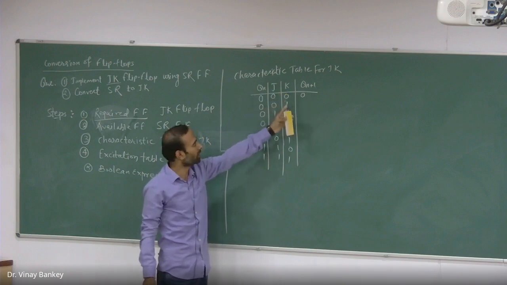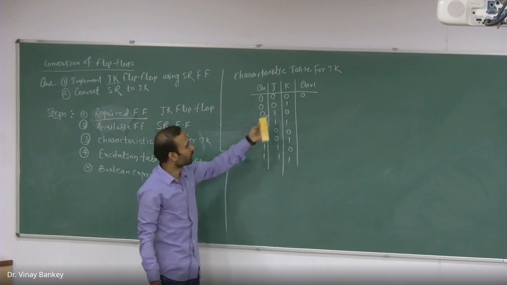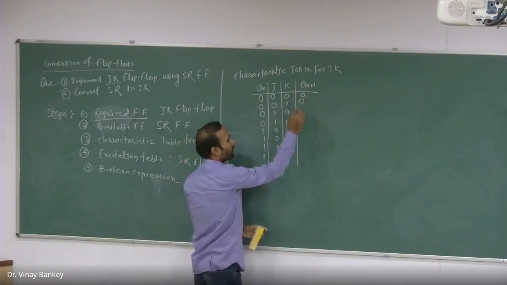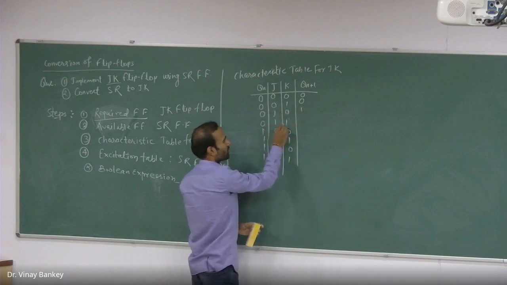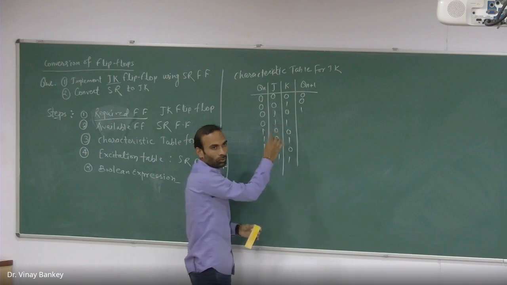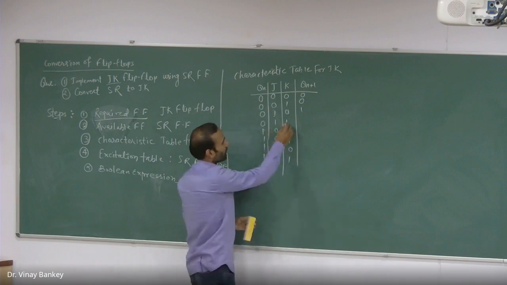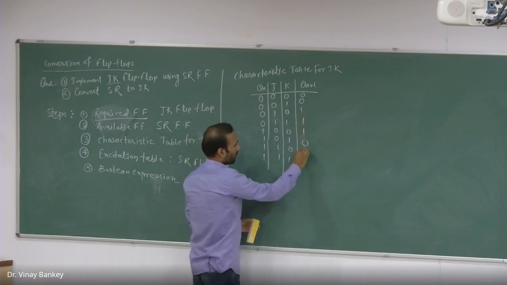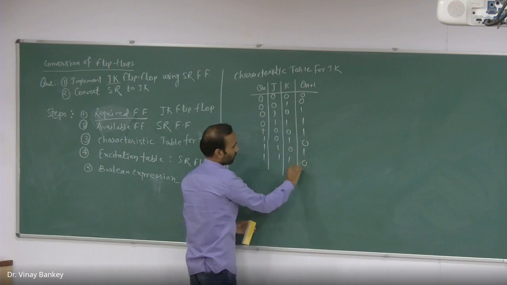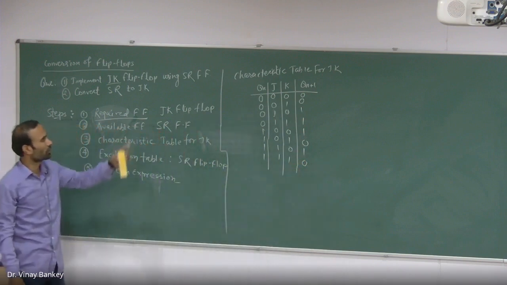So whenever K is high, it means reset, regardless of the previous state. It should be reset, and reset means 0. For J high and K 0, it means set, so it will be 1. And 1 1 is toggle, Q and Q bar. So it will be 1, again 1, this is 0, and this is 1, and again it is 0. So we have completed the characteristic table for JK flip-flop.